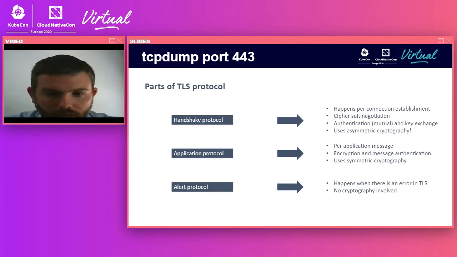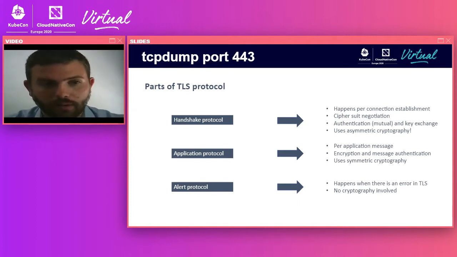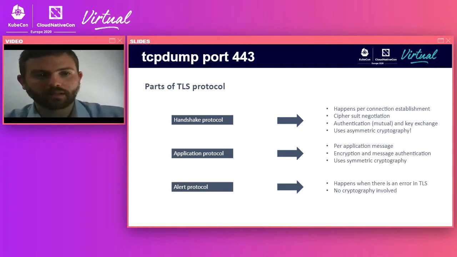This is done using symmetric cryptography, using the session key created in the handshake protocol. The third part of the TLS protocol is the alert protocol, which is not really interesting for the sake of our discussion today.